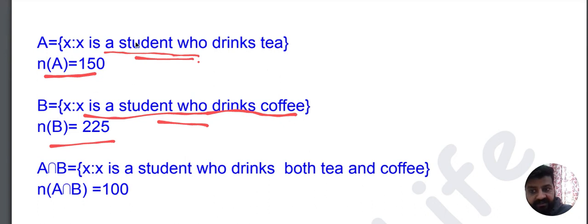In this, 100 students from this and 100 students from these are those who consume both tea and coffee. So A intersection B will be 100, because these students consume both tea and coffee.